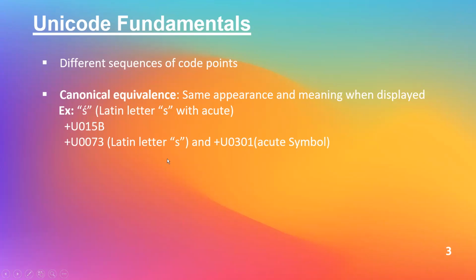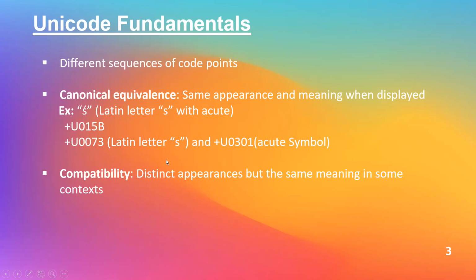Unicode also defines another term called compatibility, where we see diacritical marks with distinct appearances, but they still have the same meaning. For example, you can see a mark here which we call a Latin ligature.